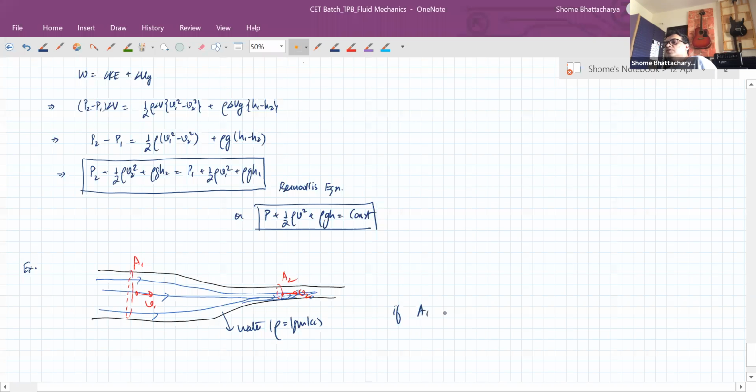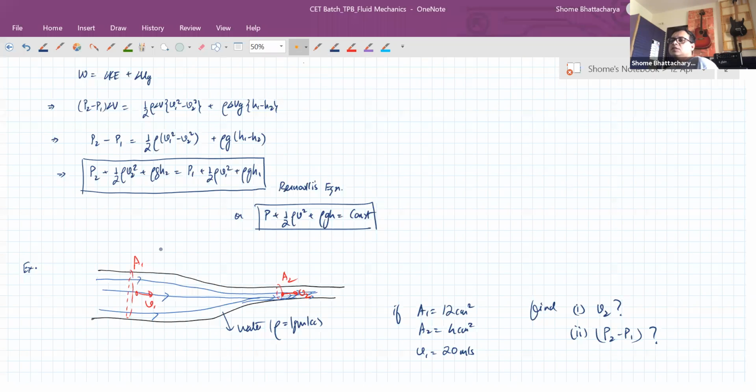If A1 is equal to say 12 centimeters square, A2 is equal to 4 centimeters square, V1 is equal to 20 meters per second, then find V2, and secondly the pressure difference P2 minus P1, the difference between the pressures at the 2 points P1 and P2.